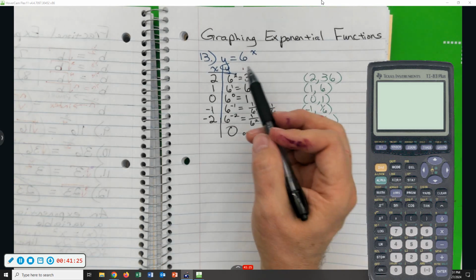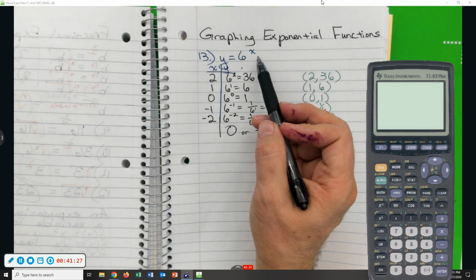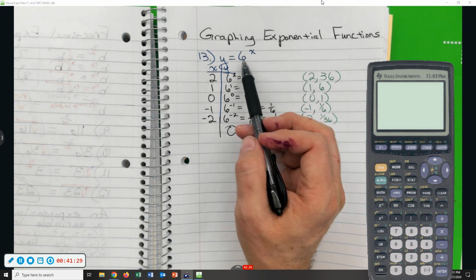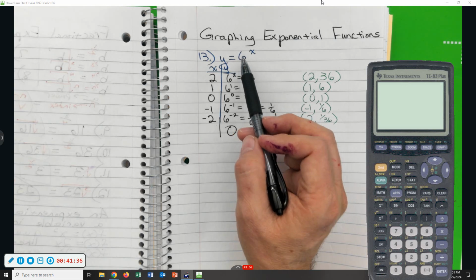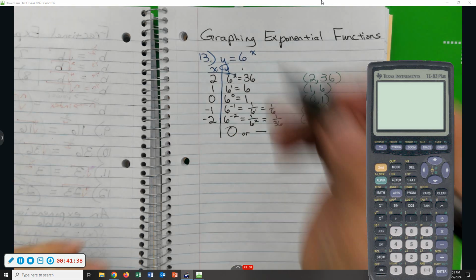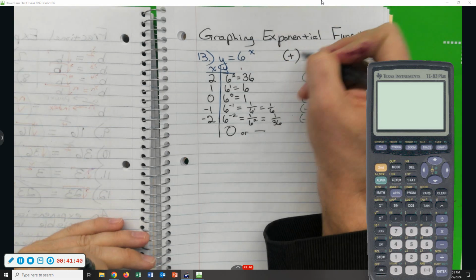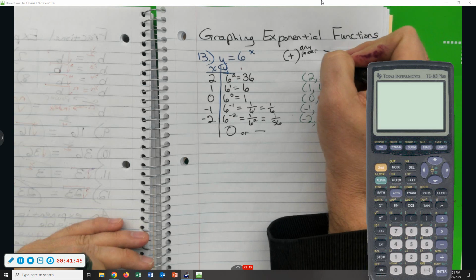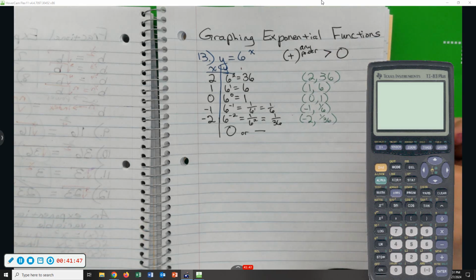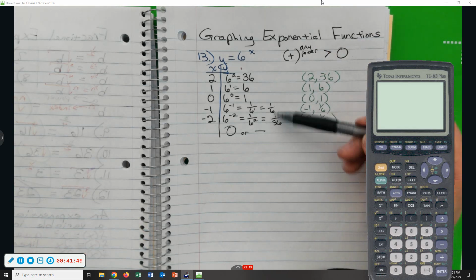No. A positive number to any power will always be positive. Remember, I said when I started this that those bases are going to be positive. A positive number to any power must be greater than 0. So you don't have to worry that you're going to get negative y values.